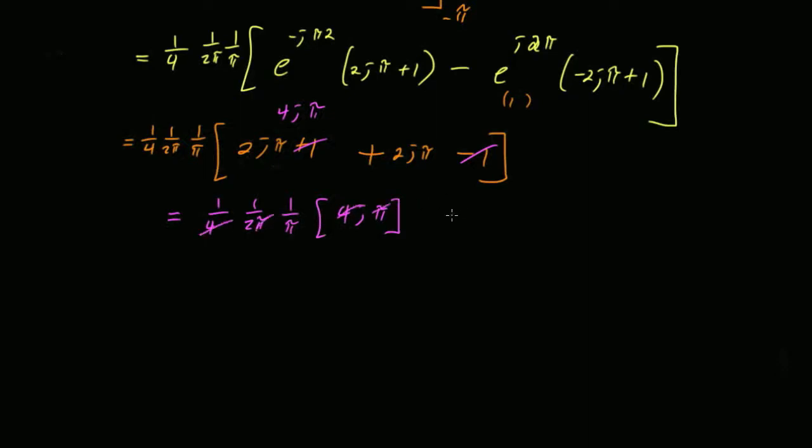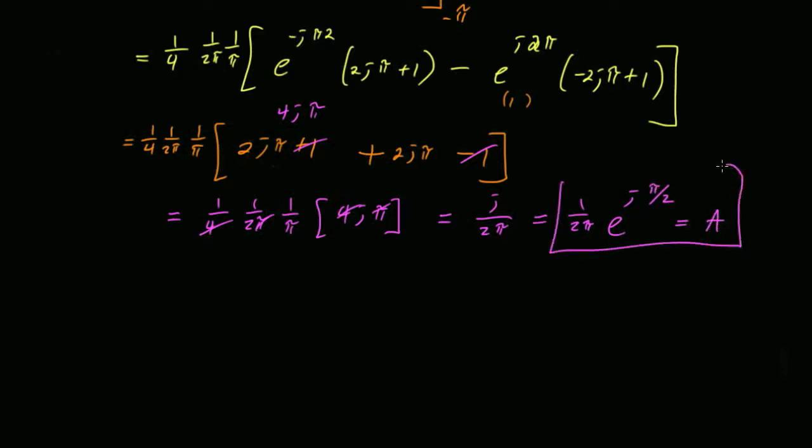Is that in polar form? If I want to write that in polar form, I get magnitude 1 over 2 pi, e to the j, positive pi over 2. Easy, right? Okay, let's go add that cosine in.